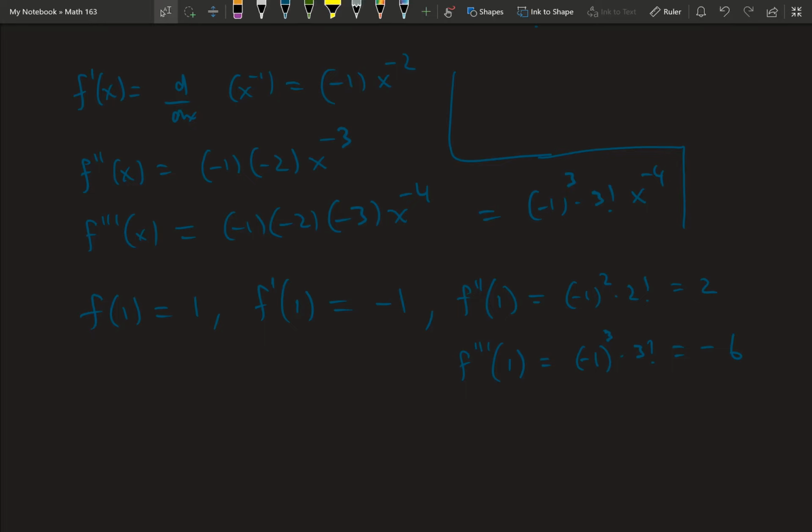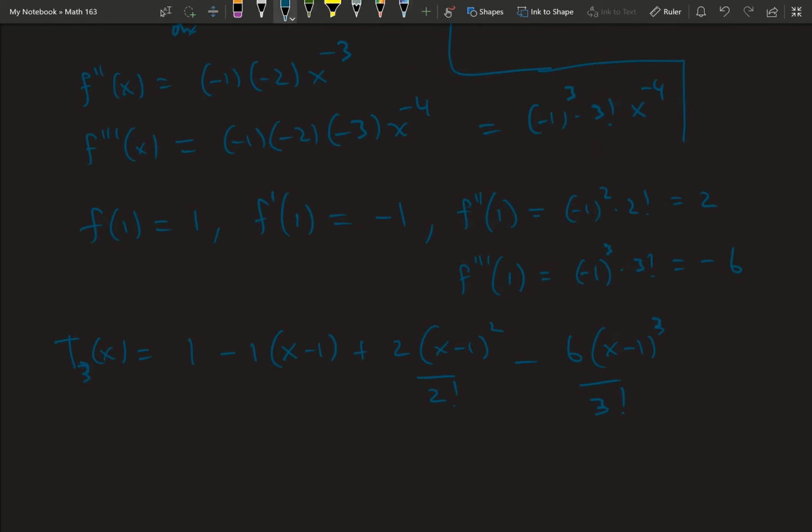So what do we end up with? Our third order Taylor approximation is 1 minus 1 times x minus 1 plus 2 times x minus 1 squared over 2 factorial minus 6 times x minus 1 cubed over 3 factorial.